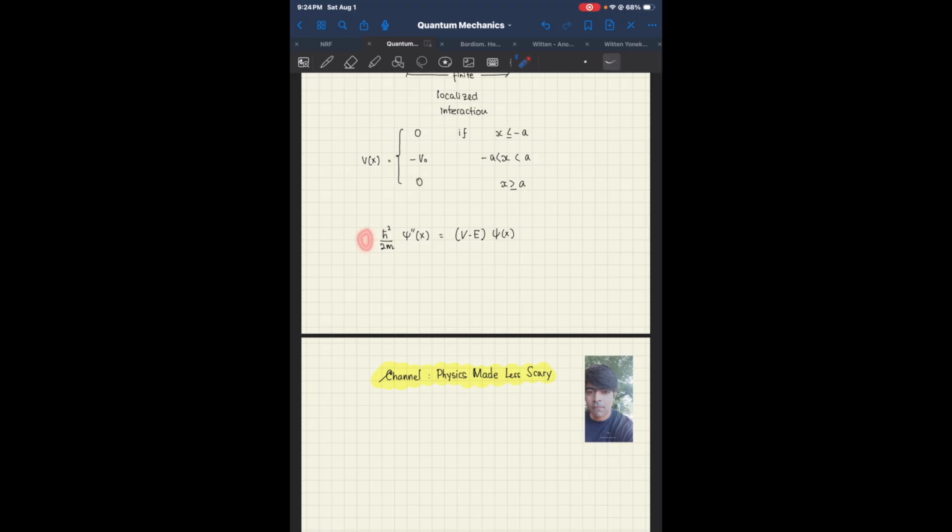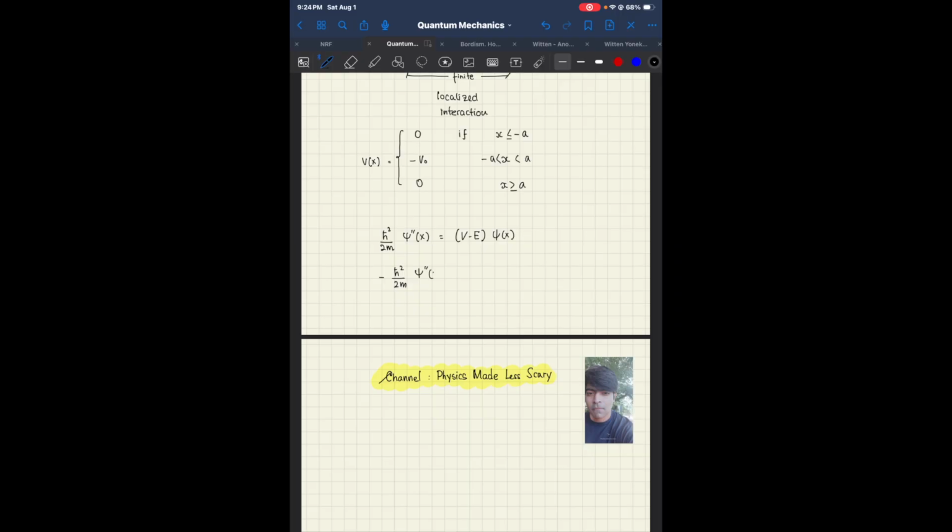So this is a Schrodinger equation that we have solved for a while. This is the same as minus h squared by 2m psi double prime of x, and we know what this double prime means, right? Plus V(x) psi is equal to E psi.